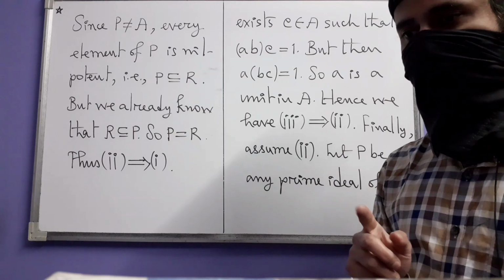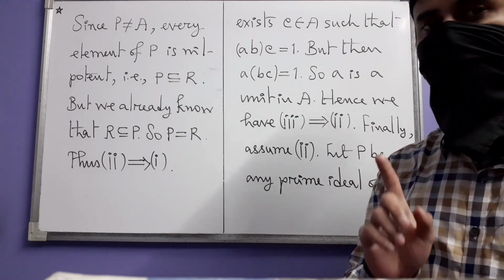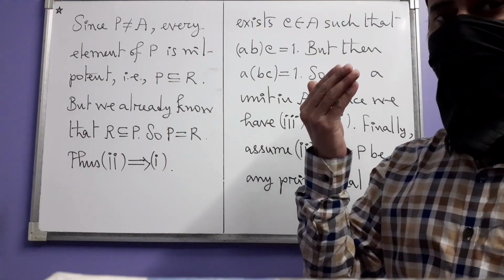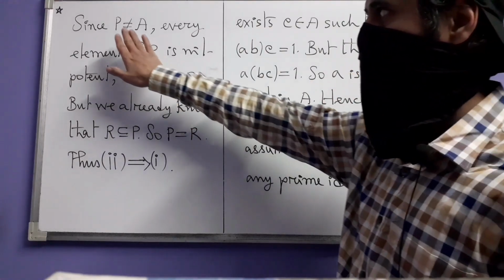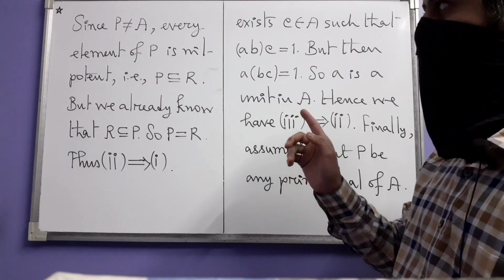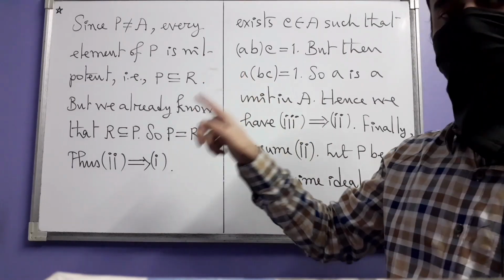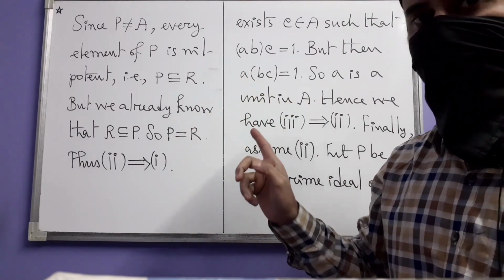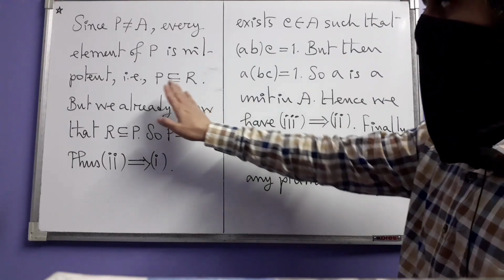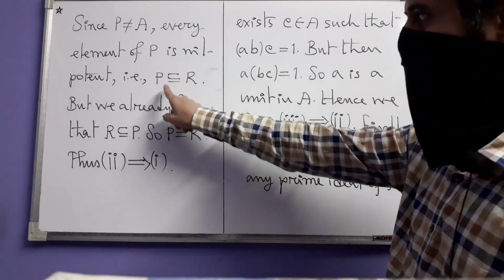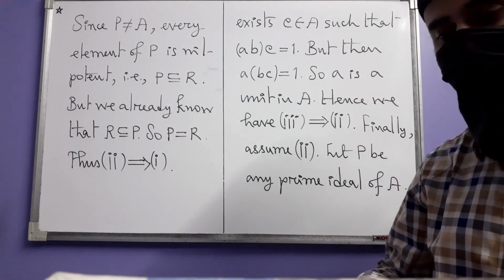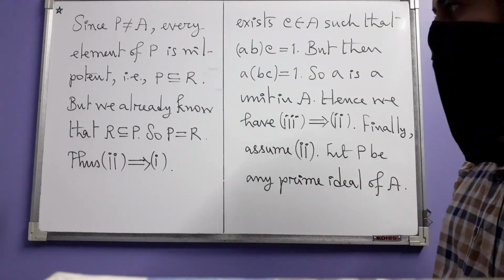However, you know that if you have even one unit in an ideal, that is forced to be equal to the entire ring, which P is not. So all the elements in P are forced to thus be nilpotent elements, which makes P what? That makes P a subset of R, because R is the set of all nilpotent elements.